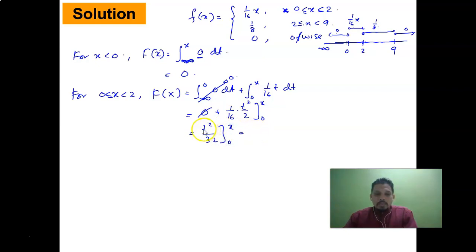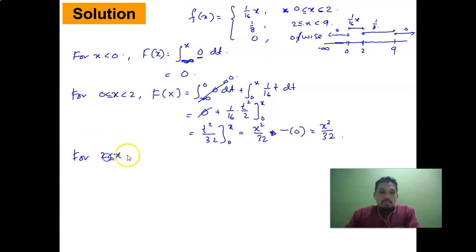Substitute t with x, so it gives you x square over 32, minus, substituting with 0 here, 0. So it equals x square over 32. Then for x between 2 until 9.